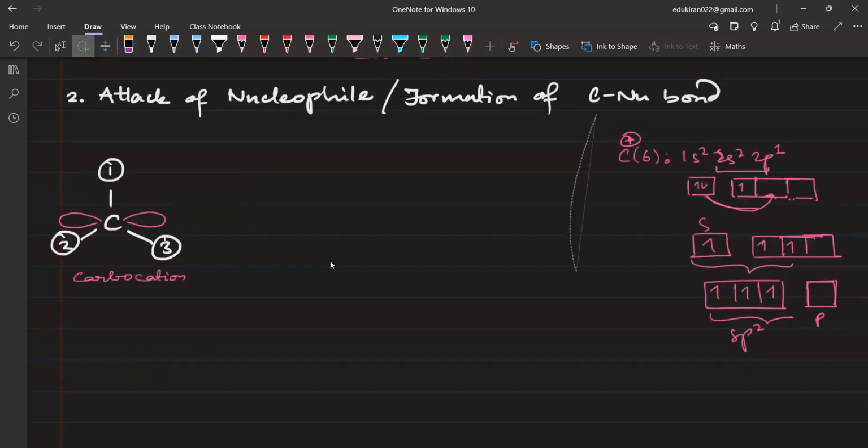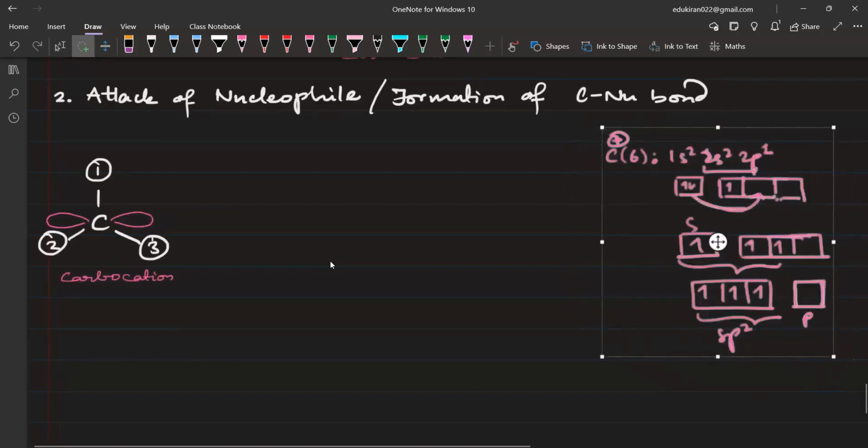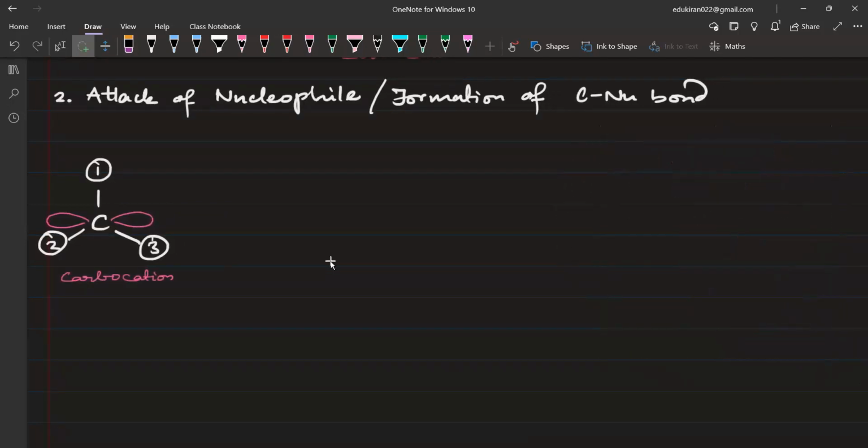When the nucleophile will come, it will attack the carbon atom, to give the electrons, है ना. Now nucleophile, it is what, it's a lone pair, right? It is having a lone pair and a negative charge maybe.